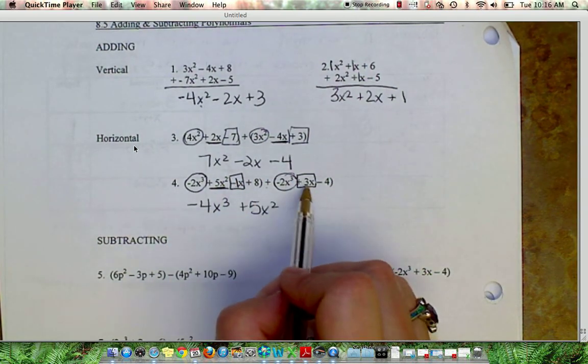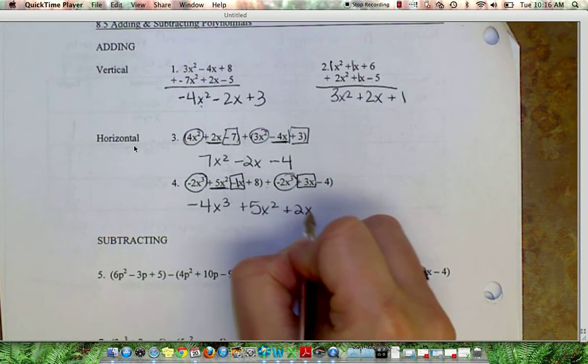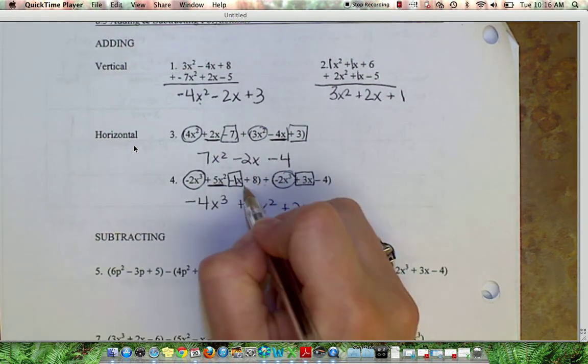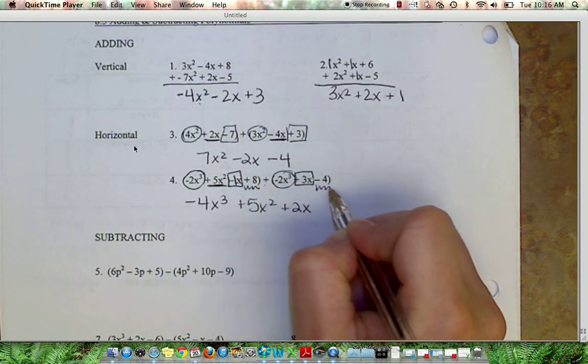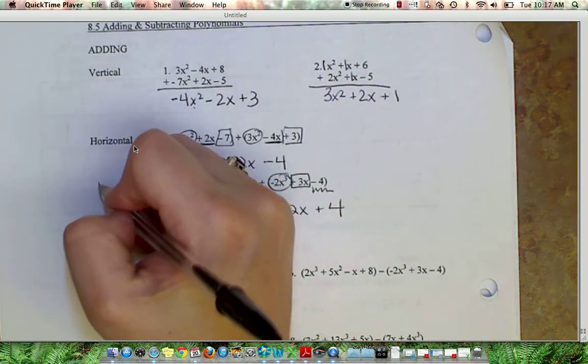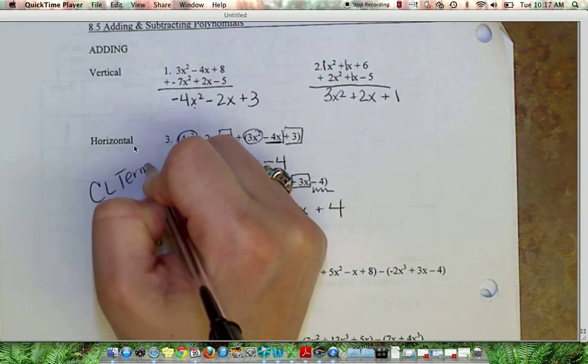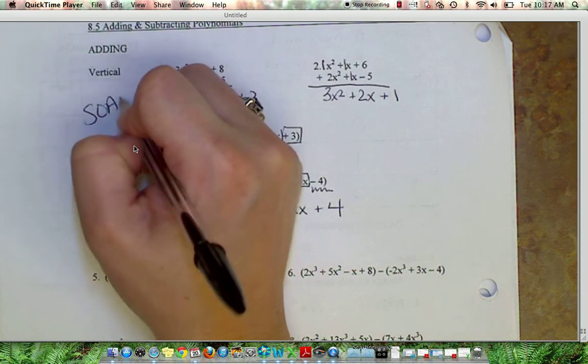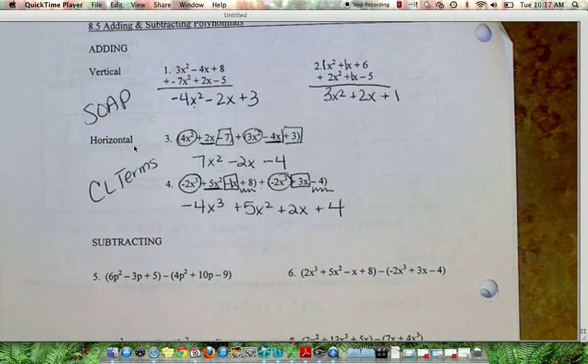Negative 1 plus 3 would be positive 2x. And 8 minus 4 would be 4. So this is like combining like terms. This is similar to the SOAP method, both things that we've done before. So that should not be too challenging.